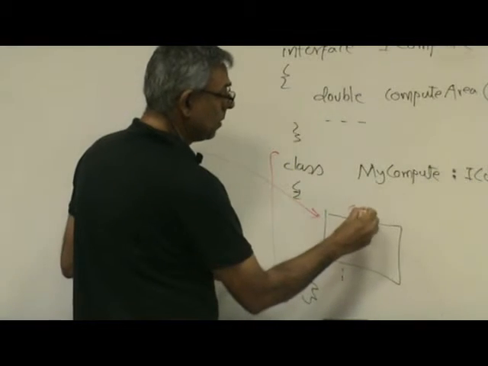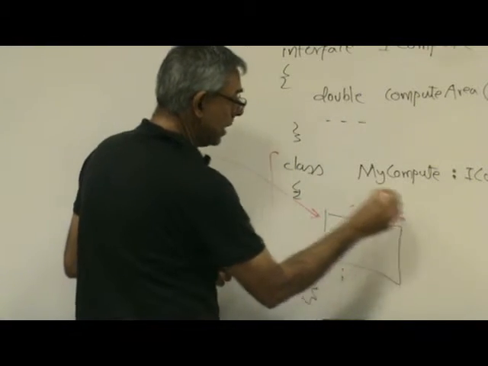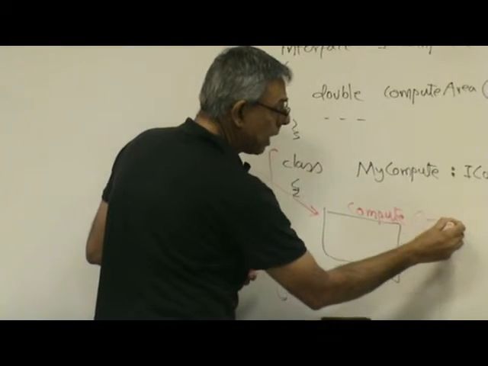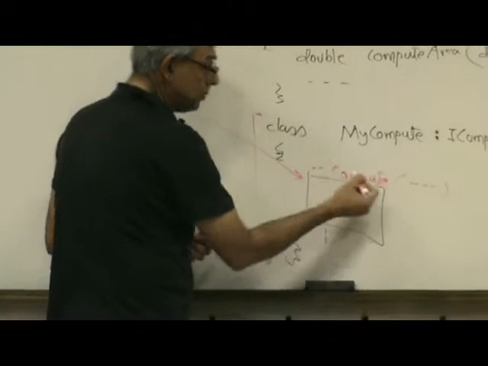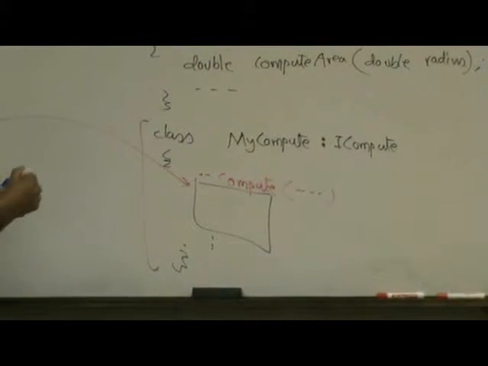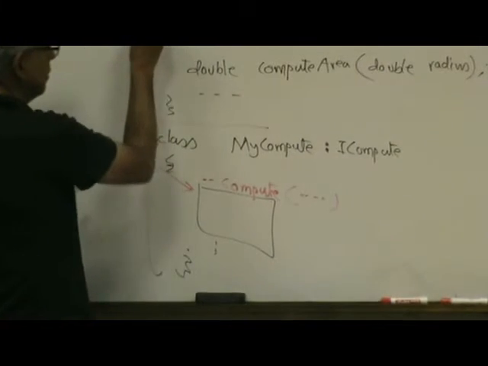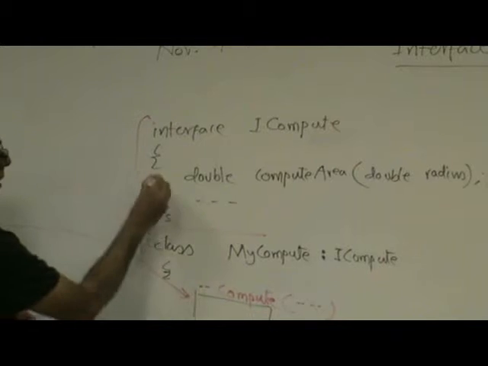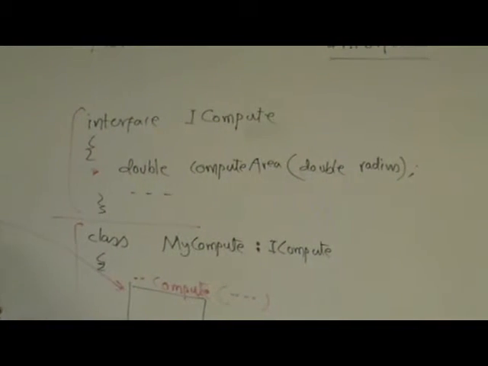So rather than looking into the code and seeing what parameters do I pass, what type of result it will give us, the interface is hardly a few lines of code. So somebody can take a look at the interface and say, oh, this is how I call it, right?